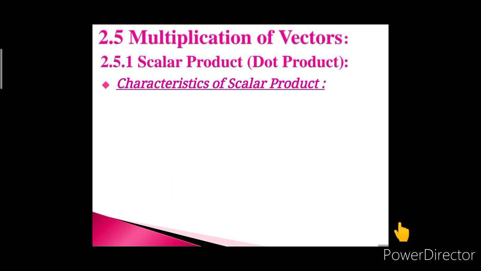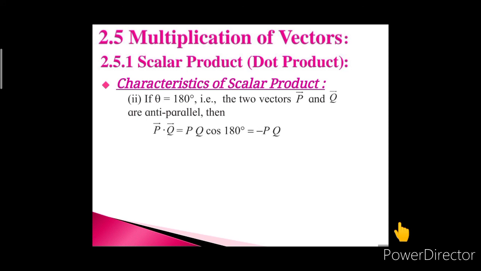Then the second case is for the angle equal to 180 degrees, that means when the two vectors are anti-parallel to each other. The scalar product of the two vectors will be the negative of the product of the magnitudes of the two vectors. As the value of cos 180 degrees is minus 1, vector P dot vector Q is equal to minus PQ.